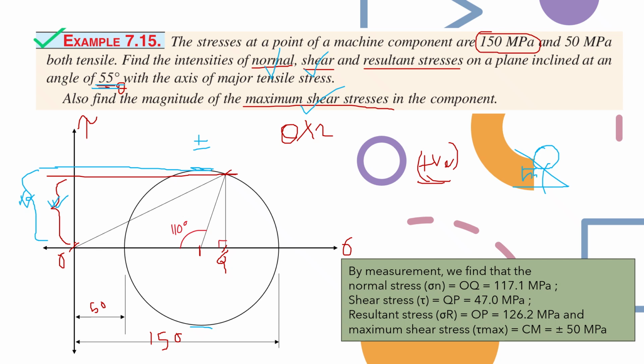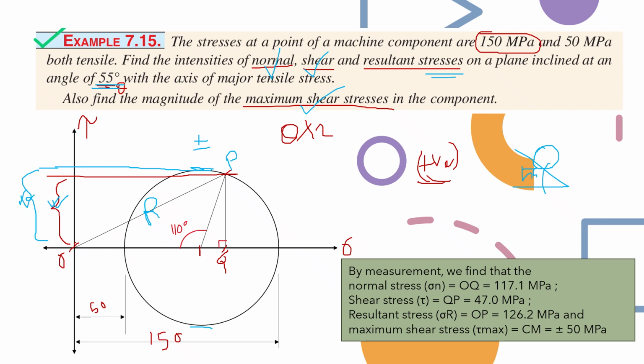Now that we have the value of OQ and the value of PQ, let's say this is P, we can apply the Pythagoras theorem to determine this. So this will be the resultant stress.